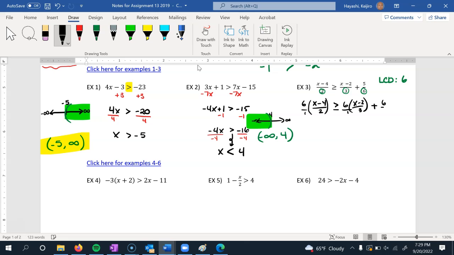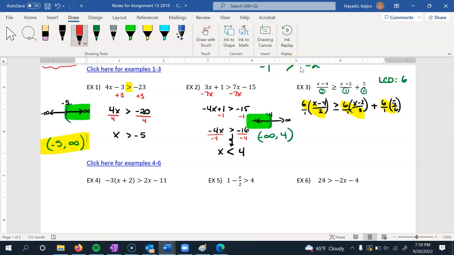Plus 6 over 1 times 5/6. Instead of multiplying them outright, what I would actually recommend is see if you can look at these and simplify them the way they are right now.